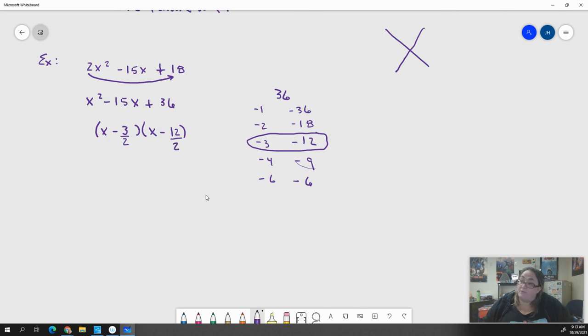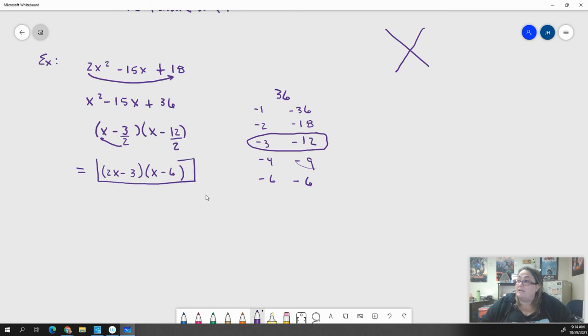But if it doesn't, like 3 divided by 2 doesn't give us a whole number, we're going to take that 2 and put it in front of the x. So this factor would become 2x minus 3. Here, 12 divided by 2 is just 6. So we have x minus 6. This is our solution right here.